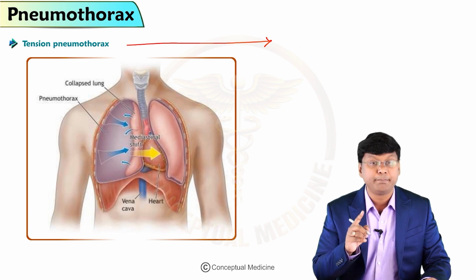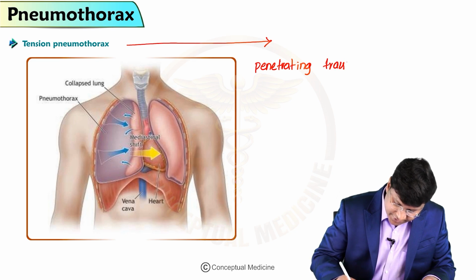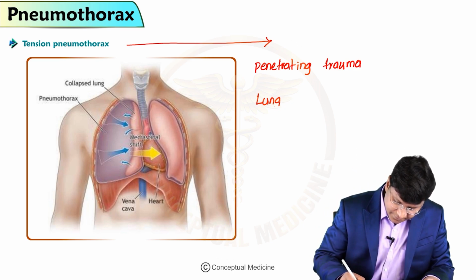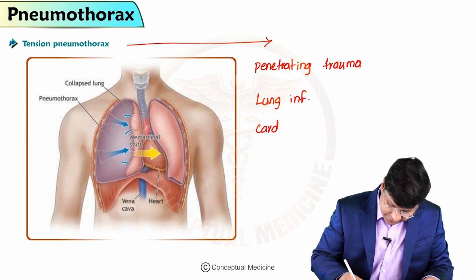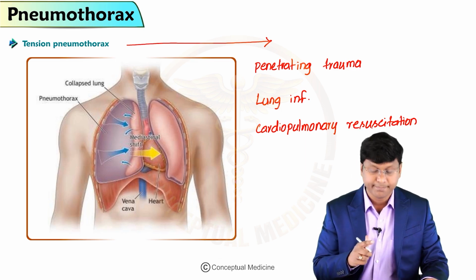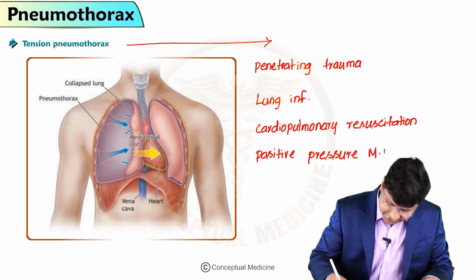It includes, number 1, penetrating trauma to the chest, and the next important etiology which can cause tension pneumothorax is lung infection or pulmonary infection, then cardiopulmonary resuscitation, and then positive pressure mechanical ventilation.